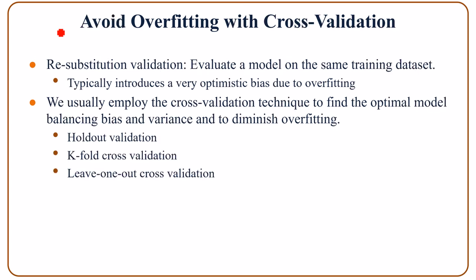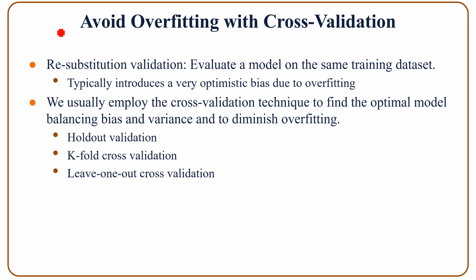Now we talk about several ways to avoid overfitting. Reusing the same training data set for evaluating a model would introduce overfitting. The model would learn very well about the training data points, but then doesn't work well with unseen data.